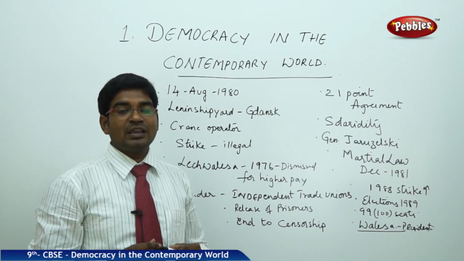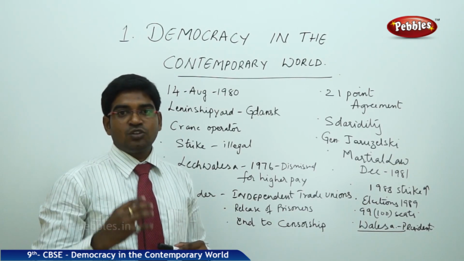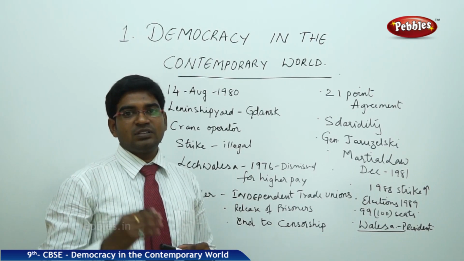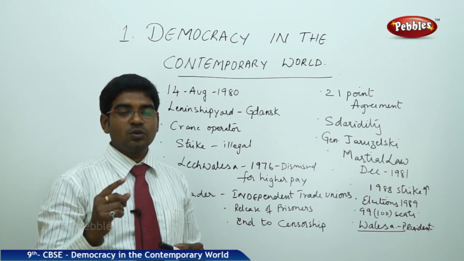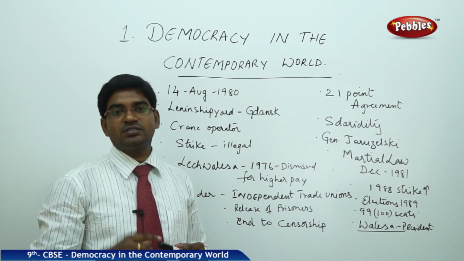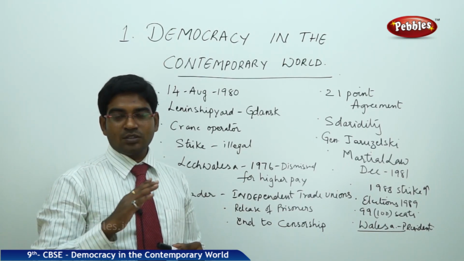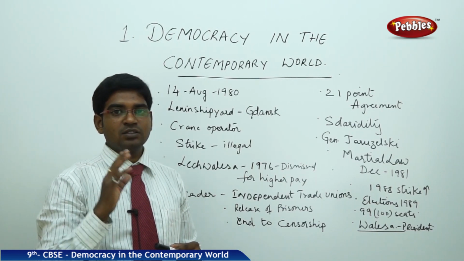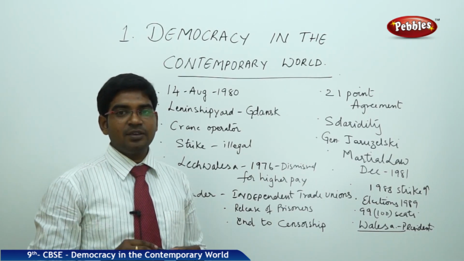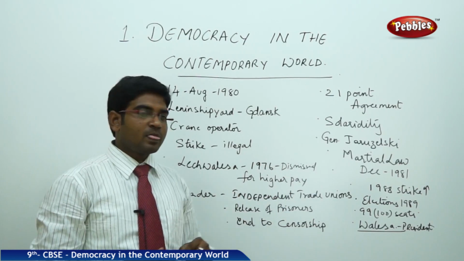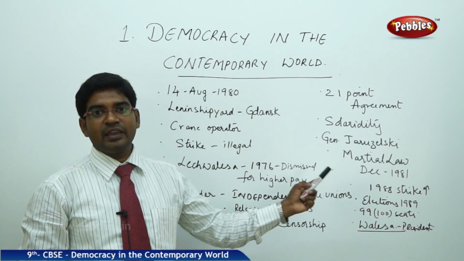The country which was supporting Poland to run along these lines, the USSR, was also trembling with an economic crisis. So the backup from the USSR was no more available to Poland. So finally, Poland had to go for free elections in 1989.